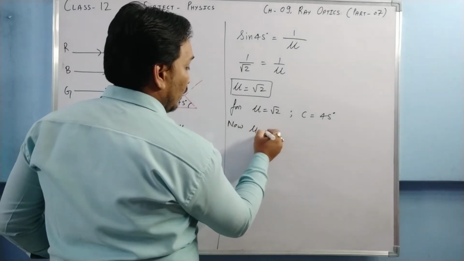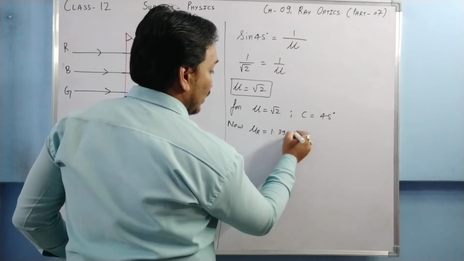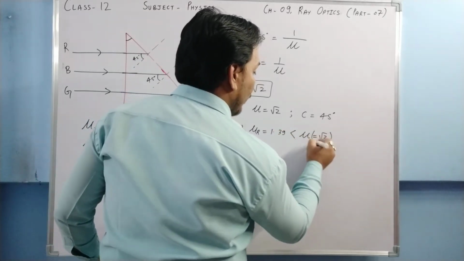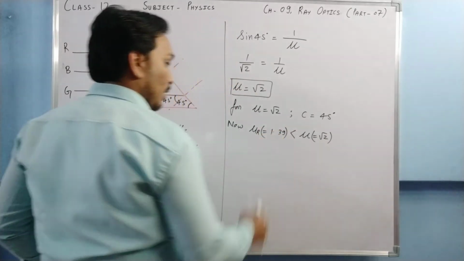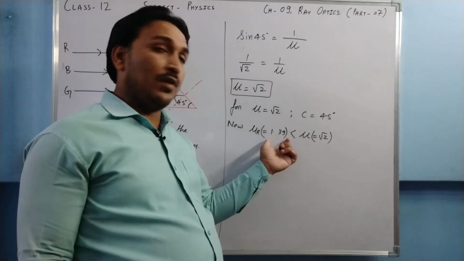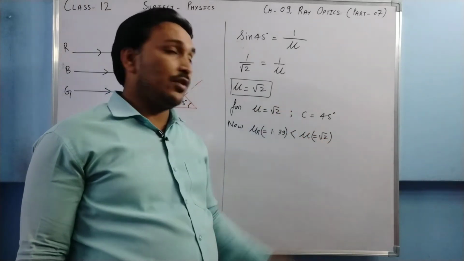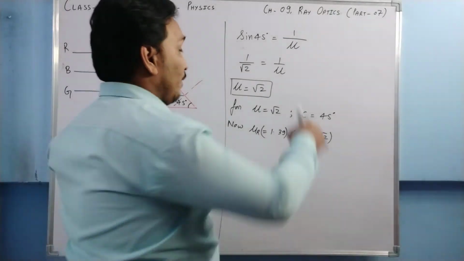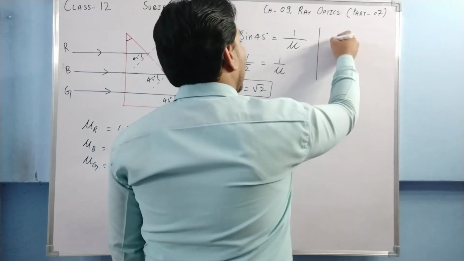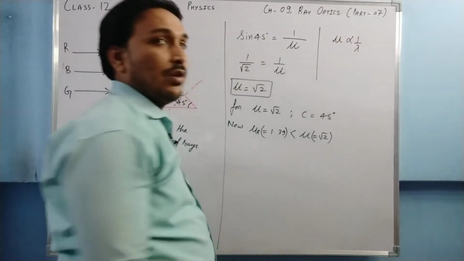Now mu of red, which is 1.39, is less than mu, which is equal to root 2. Mu of red is less than mu. If we compare refractive index and wavelength, I have already told you that they are inversely proportional.